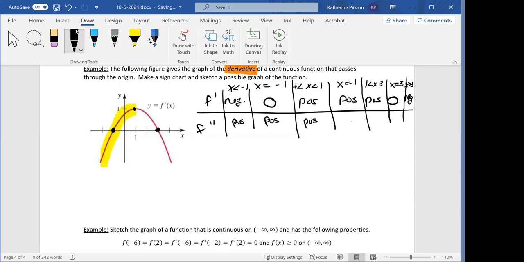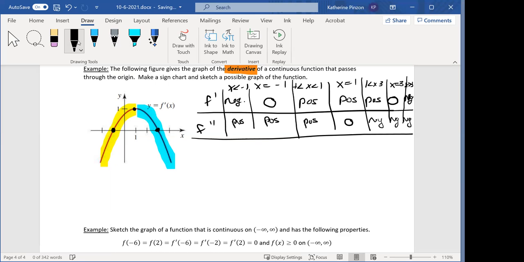At 1, the second derivative is going to be 0 because that's a critical point of the first derivative. After 1, the first derivative is going down. So the second derivative is going to be what kind of number? Negative, negative, negative.